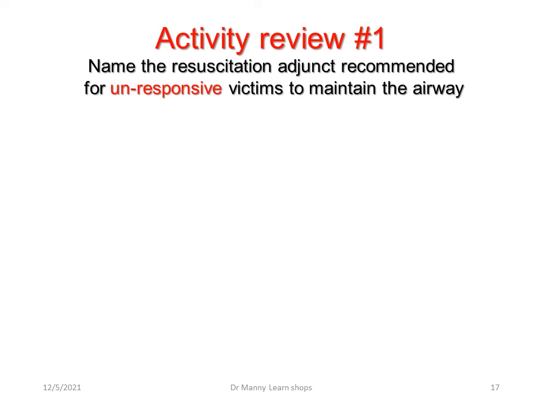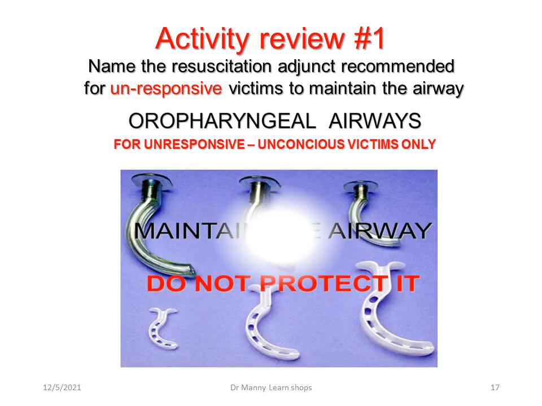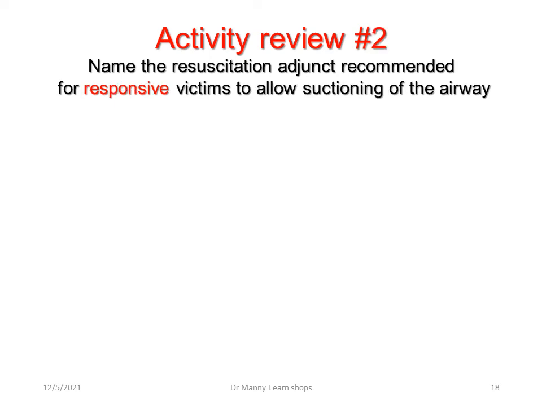Now let's review. Can you name the resuscitation adjunct recommended for unresponsive victims to maintain the airway? Oropharyngeal airways. Correct. Can you name the resuscitation adjunct recommended for responsive victims to allow suctioning of the airway?